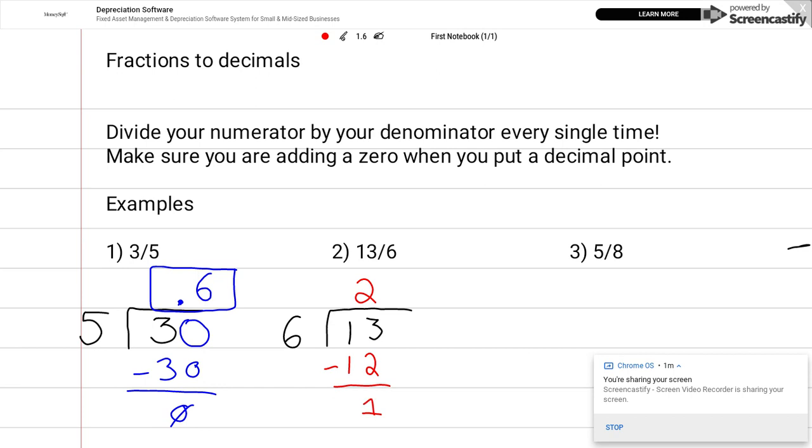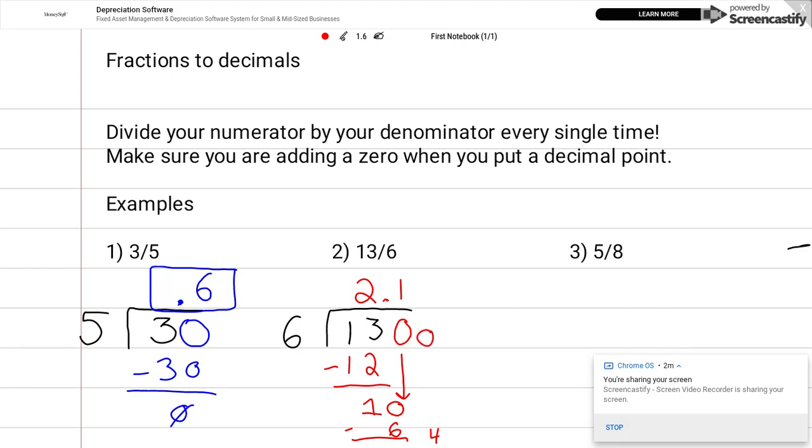So there is an imaginary 0 here that we can't see. But because I am adding that 0 here, we need to put the decimal there. So 6 can go into 10 one time. I get 6 when I multiply 6 times 1, and I get a remainder of 4 when I subtract.